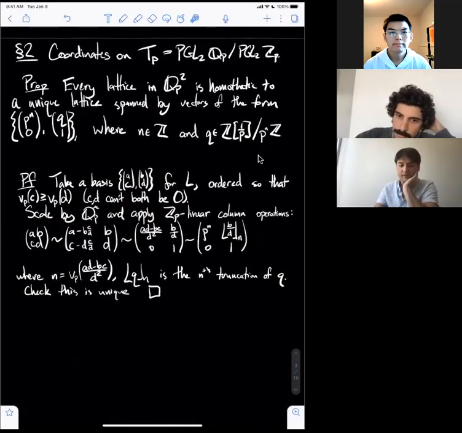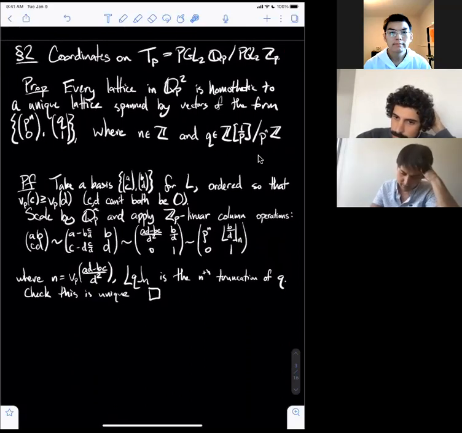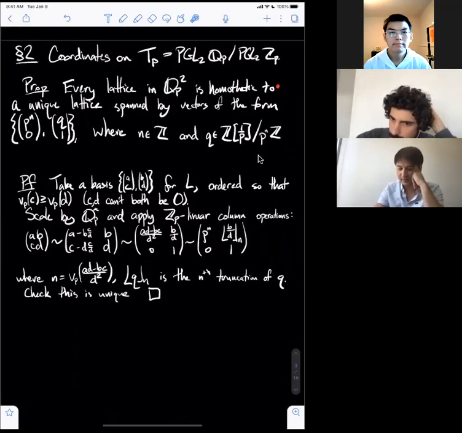Okay, and so here I want to discuss these coordinates that I find helpful for thinking about this action. Every lattice in Q_p squared is homothetic to a unique one spanned by vectors of the form (p^n, 0) and (q, 1), where n is an integer and q is something like this.